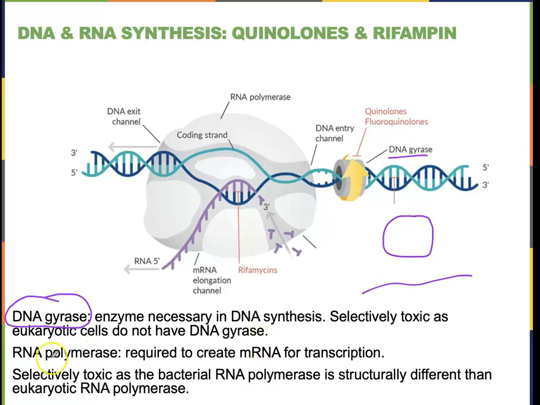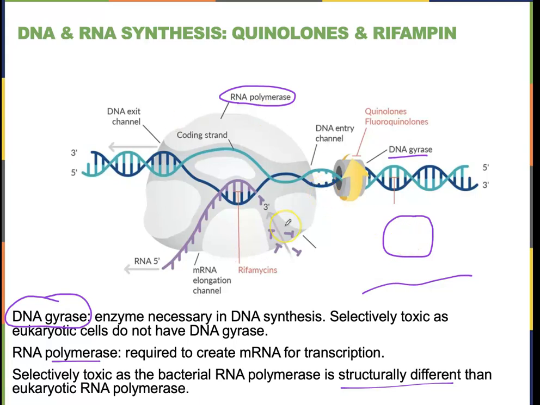And then we have our RNA polymerase. So this big gray molecule is going to be the one that's going to open up the double strand of DNA. It's going to read one strand, right? It's going to create a molecule of RNA that's a complement of our strand. RNA polymerase in bacteria are slightly structurally different than eukaryotic RNA polymerase.